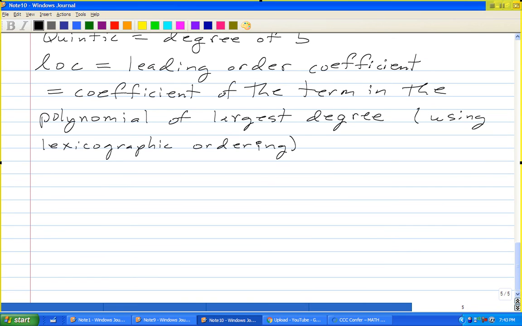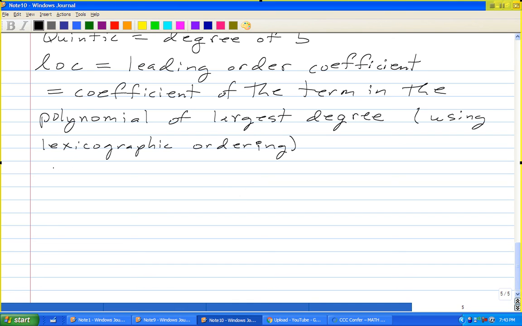So it would be the one that would be first in the order. So things like X goes before Y. If you had something like an X cubed term and a Y cubed term, you'd look at the X cubed term because X comes before Y.